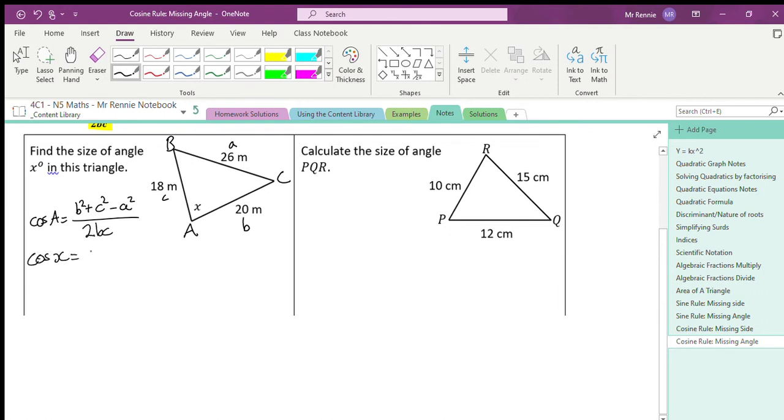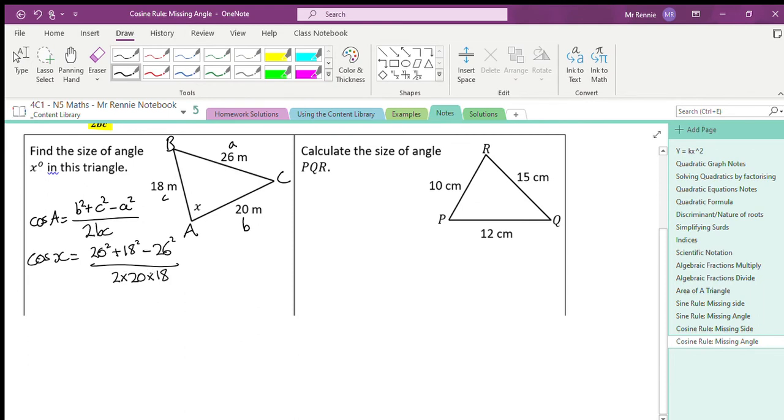B squared is 20 squared, plus c squared, which is 18 squared. Careful to note, minus a squared. They're not all additions at the top, we've got to take away a squared, which is 26 squared. All of that is divided by 2 times b, which is 20, times c, which is 18.